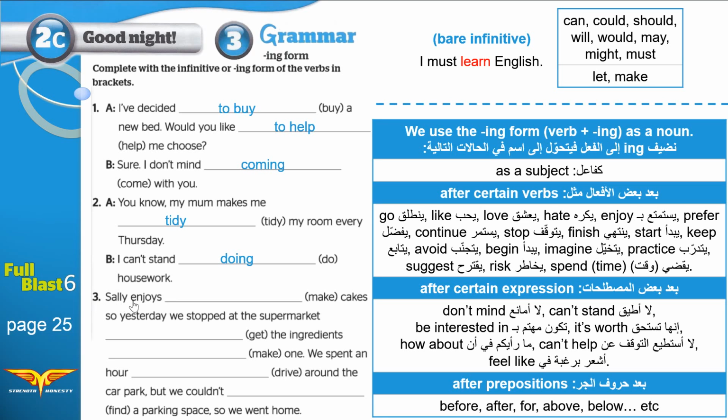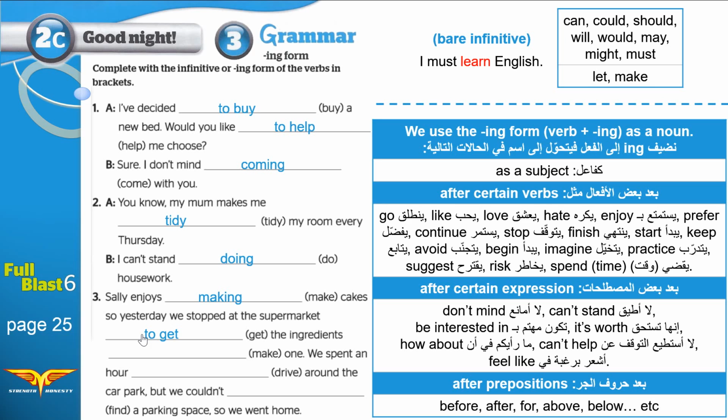3. Sally enjoys making cakes. So yesterday we stopped at the supermarket. Okay. Why did you stop at the supermarket? To get the ingredients. This is the reason why they stopped. The verb stop, I told you that sometimes we add ing to the verb that comes after stop.